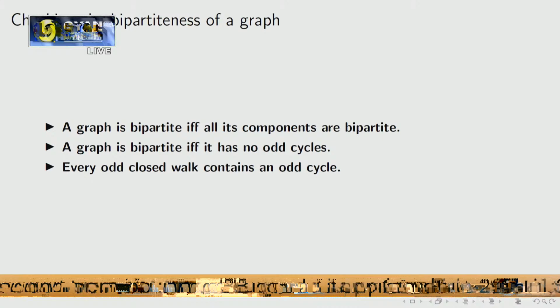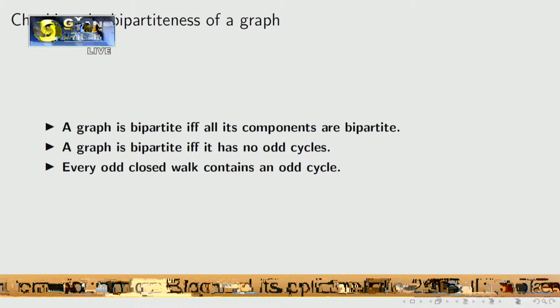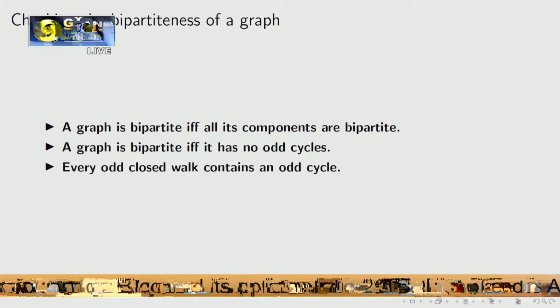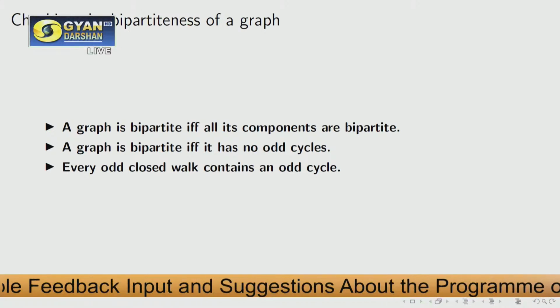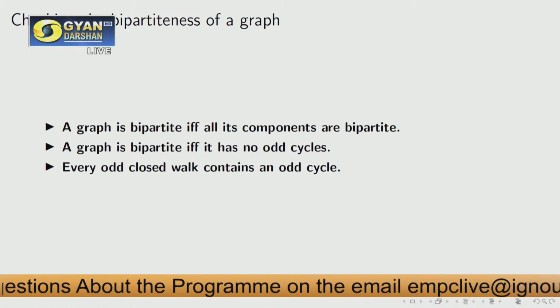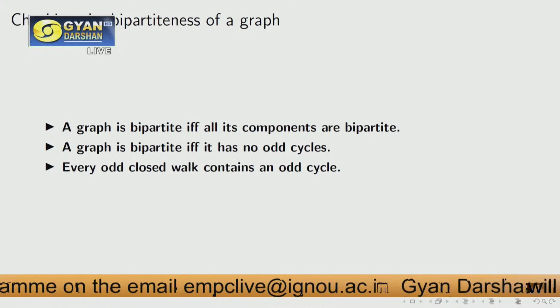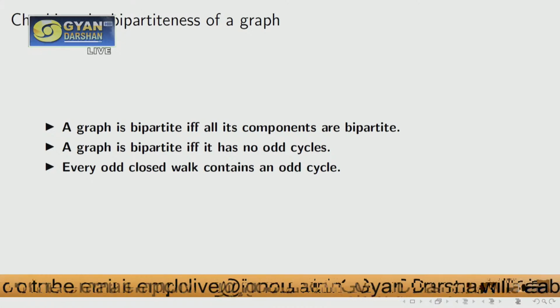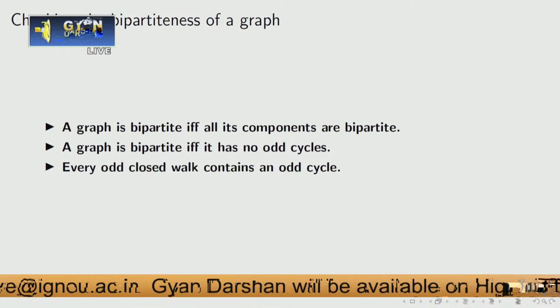Before coming to the algorithm, let us see how the odd cycles are found. Another statement is that every odd closed walk contains an odd cycle. Now what is an odd closed walk? An odd closed walk is a closed walk of odd length, right?